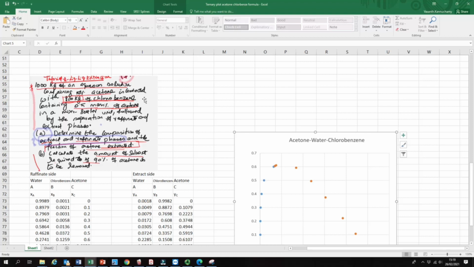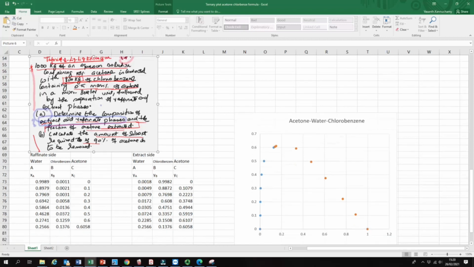We have our liquid-liquid equilibrium data for acetone, water and chlorobenzene. That's the system we are dealing with. I already read the problem, but I just copy-pasted here what we are dealing with at the moment. We have 1000 kg of aqueous solution, and 50% of that is acetone, and we are going to add 800 kg of chlorobenzene. This chlorobenzene contains a bit of our acetone, which is 0.5 mass percentage.